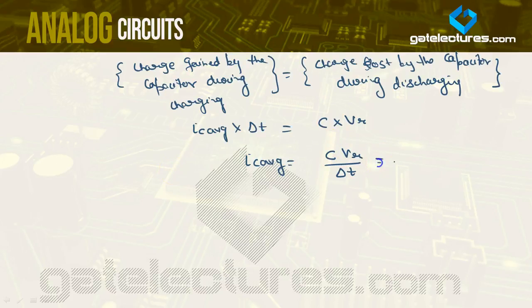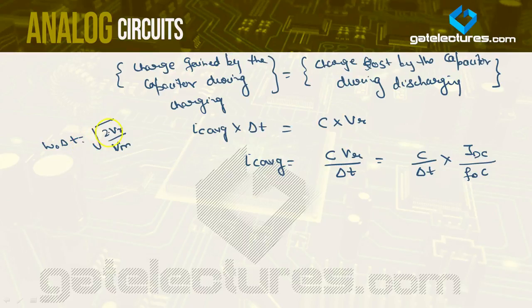Understood? Now we know what VR is: IDC by F naught C. Now what is delta T? We know that omega naught delta T is square root of 2 VR by Vm.